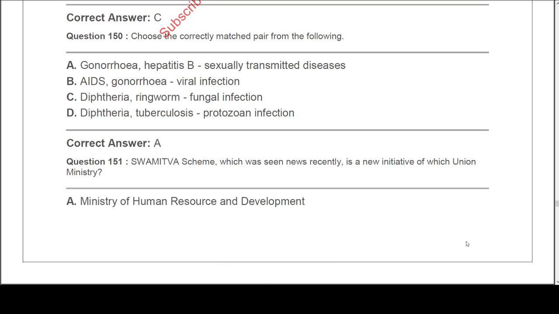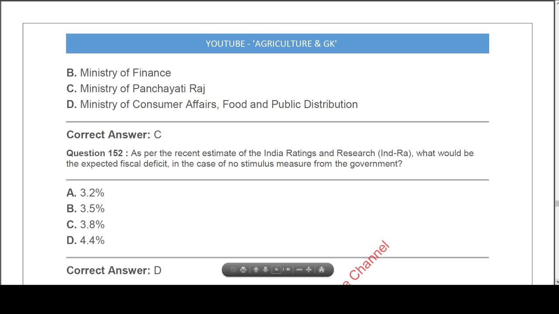Samitva scheme, which was seen in the news recently, is a new initiative of which union ministry? It is from the Ministry of Panchayati Raj. As per the recent estimate of India Ratings and Research, what would be the expected fiscal deficit in the case of no stimulus measure from government?